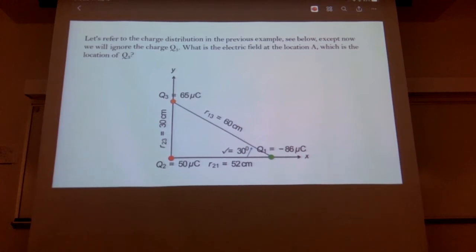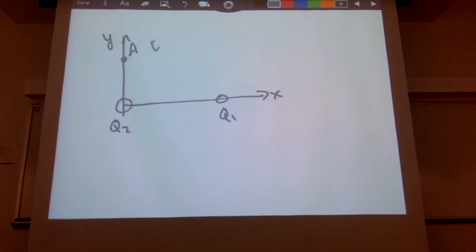So let's draw it. So here's my x-axis, my y-axis. Here's Q2. Here is Q1. What I want to know then is at this point here, I'm going to call it point A. What is the value of the electric field at point A? Let's plug in a number. So this is minus 86 microcoulombs. This was 50 microcoulombs.